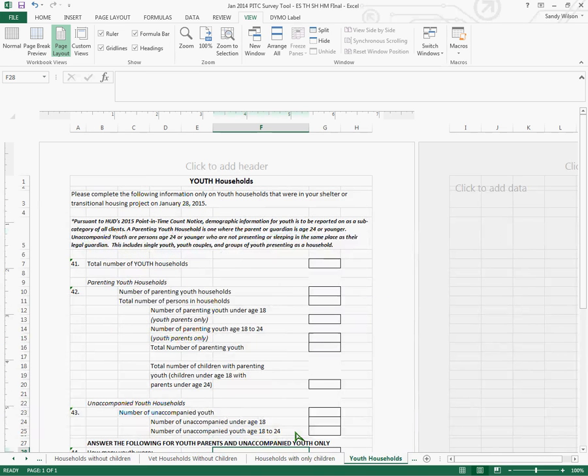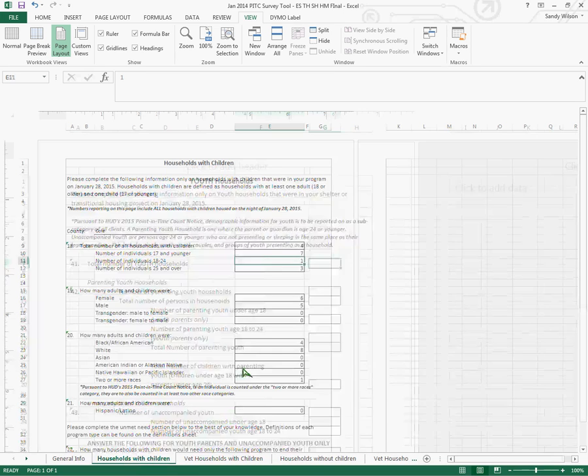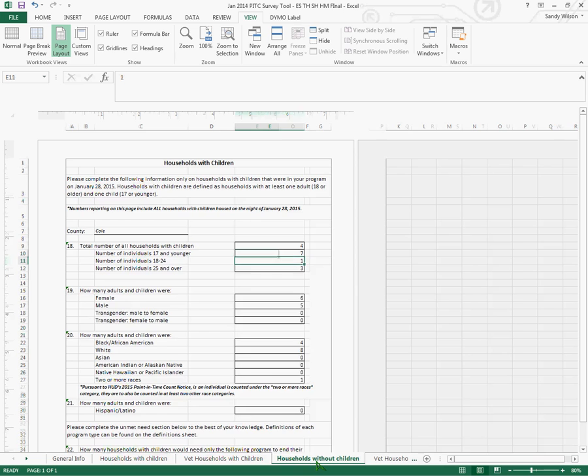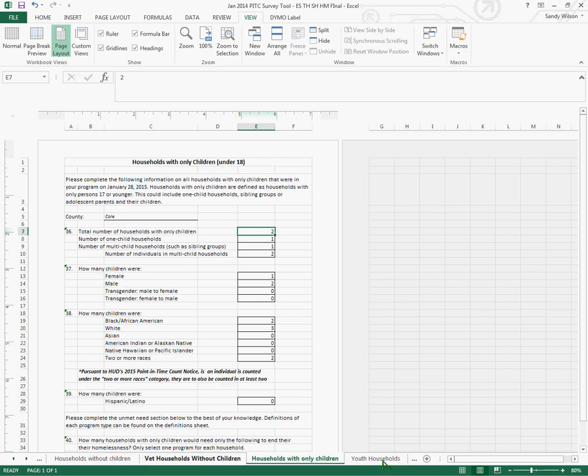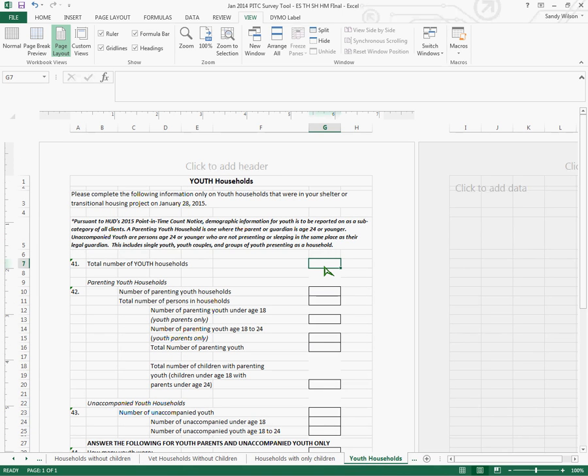Those households, we combine them together to answer the questions here on this tab, looking at youth households. And in this instance, if we go back again, we realize that we had one household here, we had two households here, and we had two households here. So we have a total of 5 households that we're going to be looking at for this example.